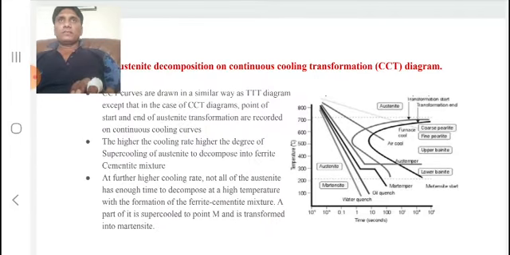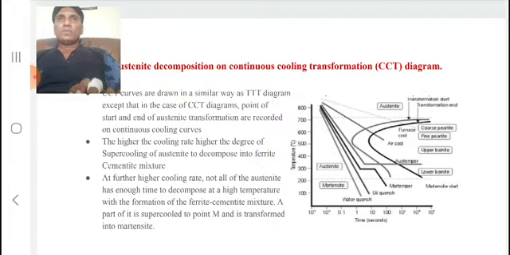At a further higher cooling rate, not all of the austenite has enough time to decompose at a high temperature with the formation of the ferrite cementite mixture. A part of it is supercooled to point M and it transforms into martensite. This is the major difference between the isothermal transformation and the continuous cooling transformation.